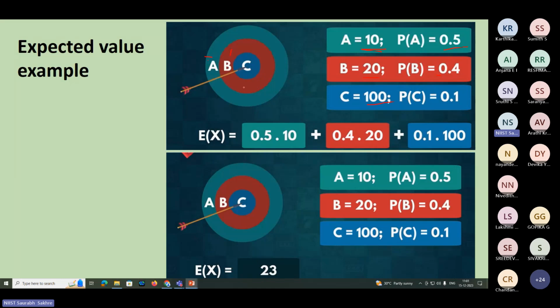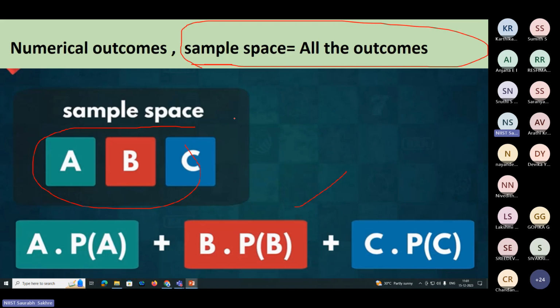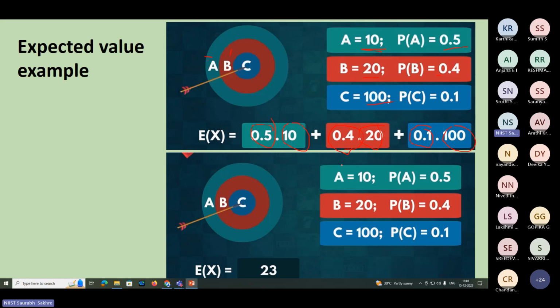So in this case, my expected value will be 10 into 0.5, then 0.4 into 20, and 0.1 into 100. As I told you earlier, the total expected value will be A into PA, B into PB, C into PC. Now I will calculate this, and my expected value comes to around 23.